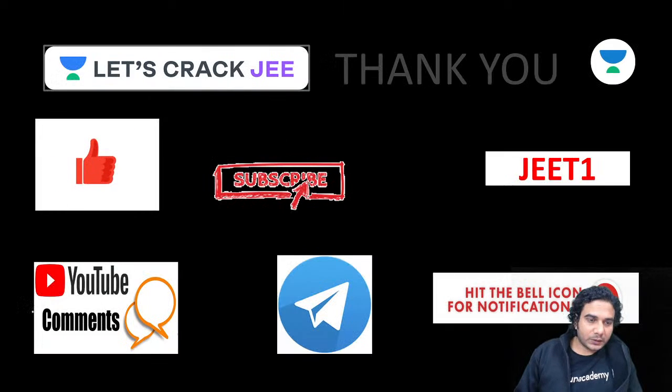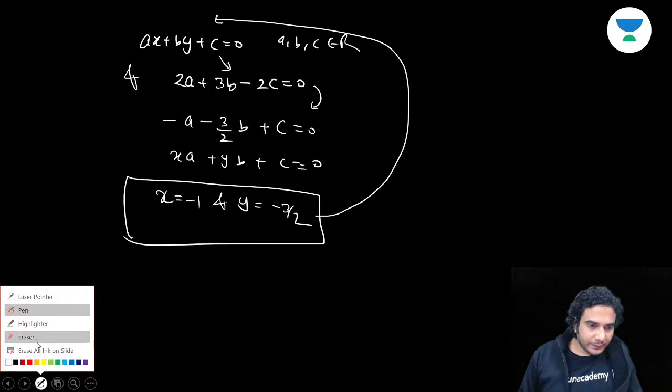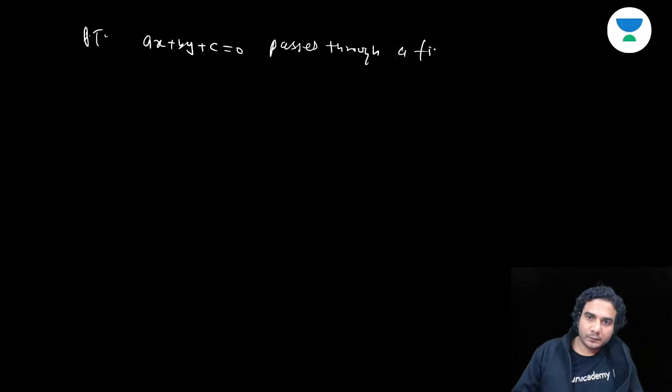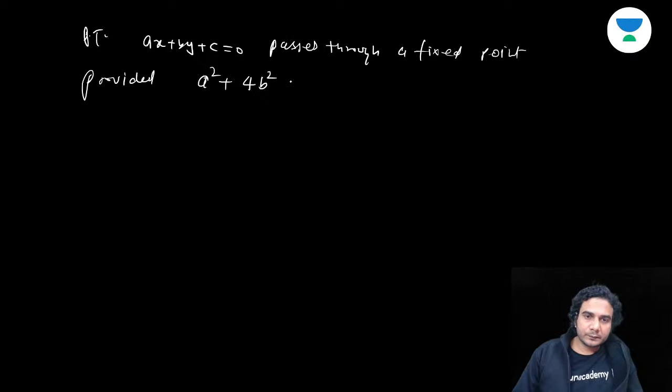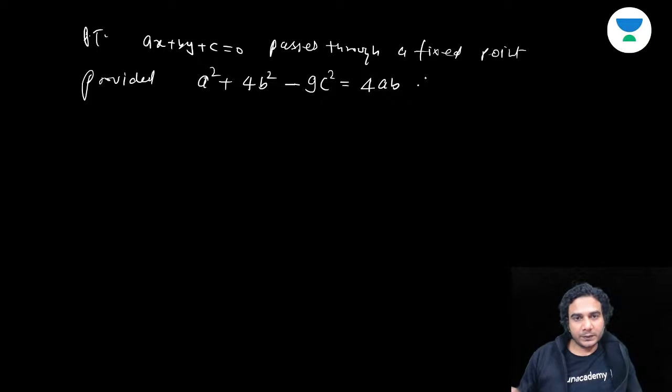Okay, the last question. Prove that ax plus by plus c is equal to 0 passes through a fixed point, provided this one.